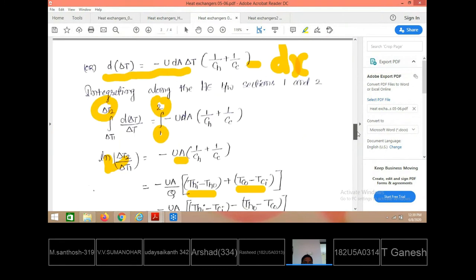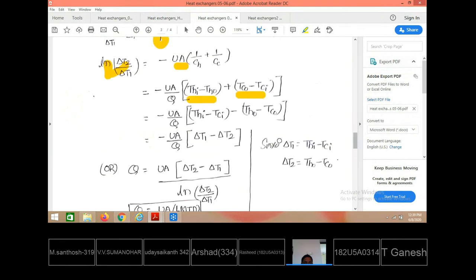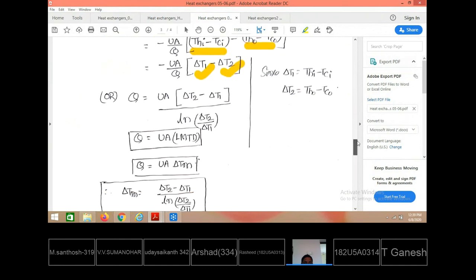So that is what I have mentioned here. This is Th naught minus Tc naught, I am writing it as delta T2. Thi minus Tci, I am writing it as delta T1. So this is Q equal to UA, and if you take the minus inside, delta T2 minus delta T1 by ln of delta T2 by delta T1 I am getting here.